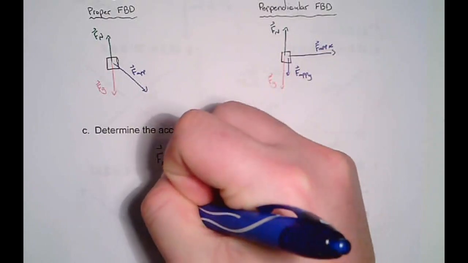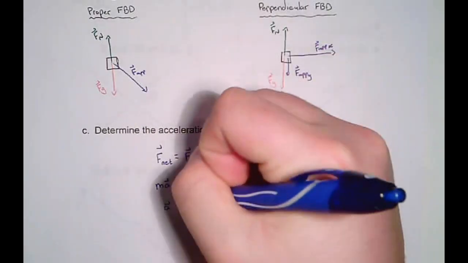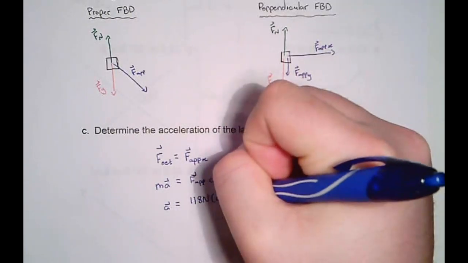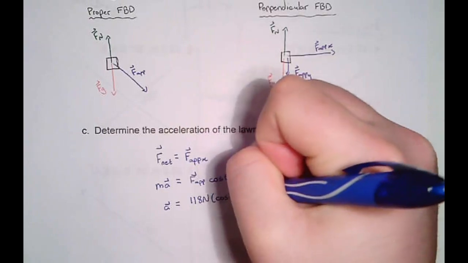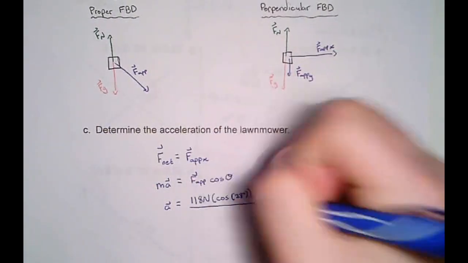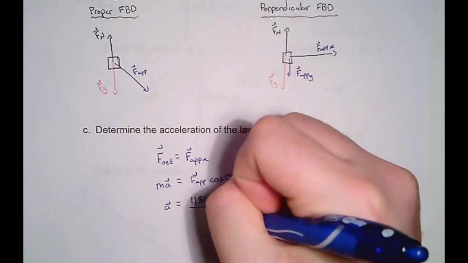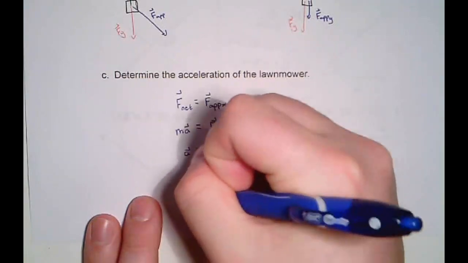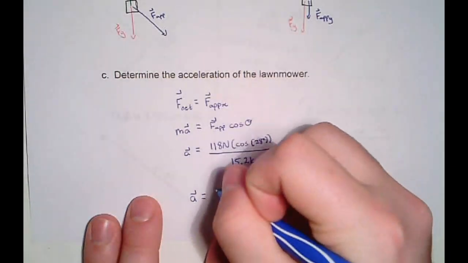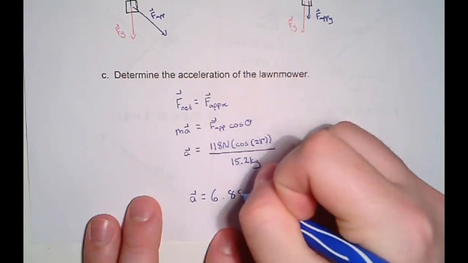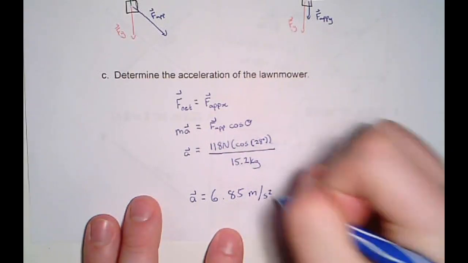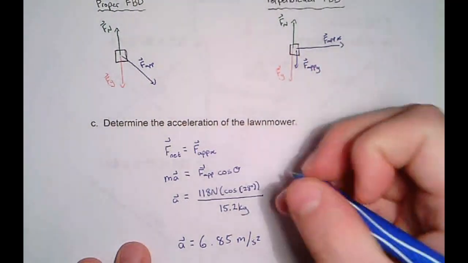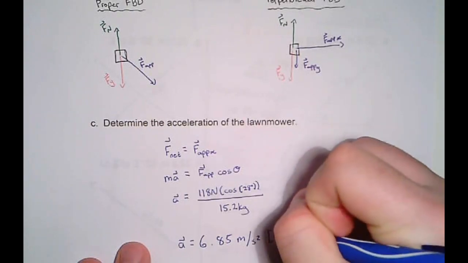So when we rearrange, acceleration is equal to 118 newtons times the cosine of 28 degrees divided by the mass, 15.2 kilograms. So the acceleration of the lawnmower is going to equal 6.85 meters per second squared. The only direction that it's heading is forward. So it's headed forward.